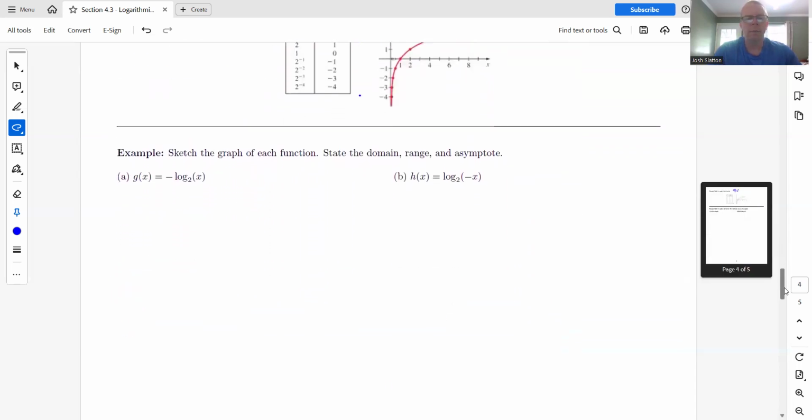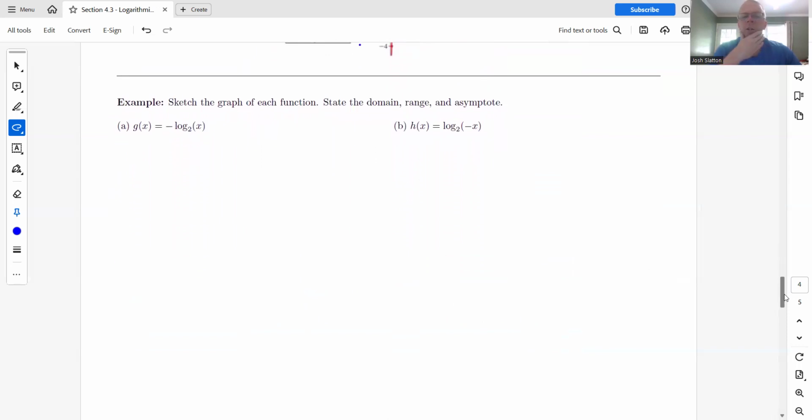All right, so sketch the graph of each function, state the domain, range, and asymptote. And so transformations still work the same. All the same rules apply. So the negative here will reflect over the x-axis. So instead of coming up like this, it's going to flip upside down like that.